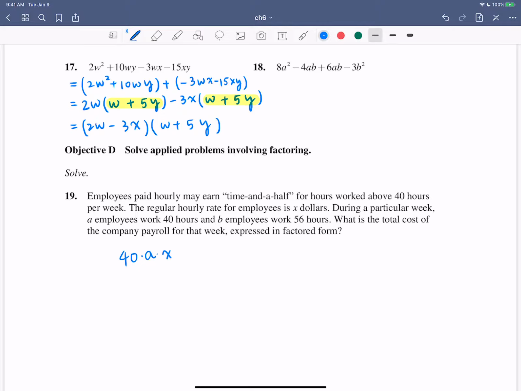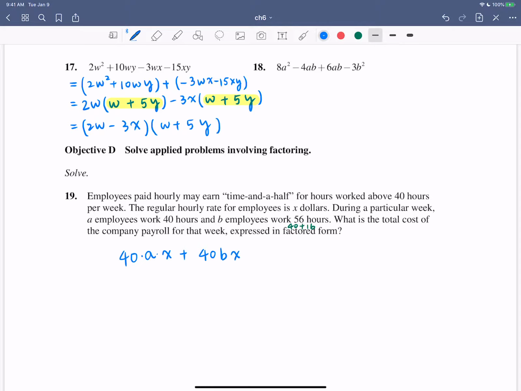And then you're going to do the same thing for the B employees. They work for 56 hours, but let's just break it down into 40 hours and 16 hours. So I'm going to break it into 40 plus 16. For the first 40 hours that they worked, it's going to be the regular pay rate, which is x dollars per hour. So it's going to be 40Bx.